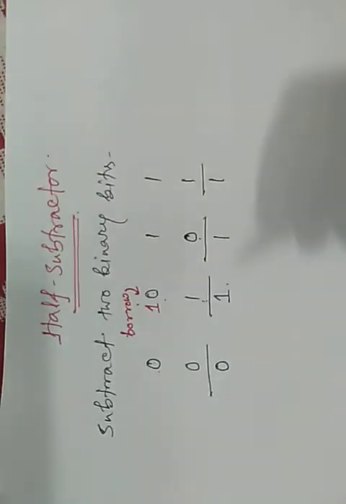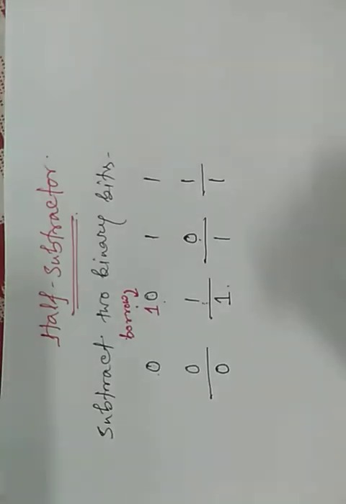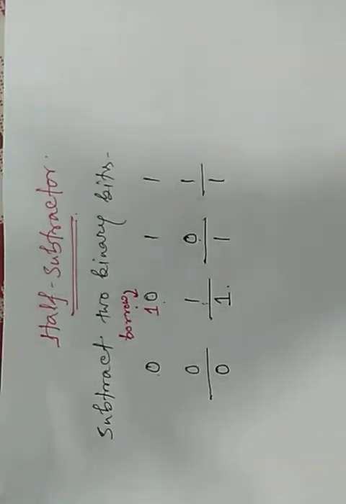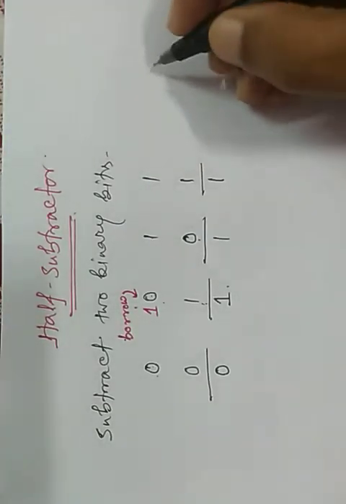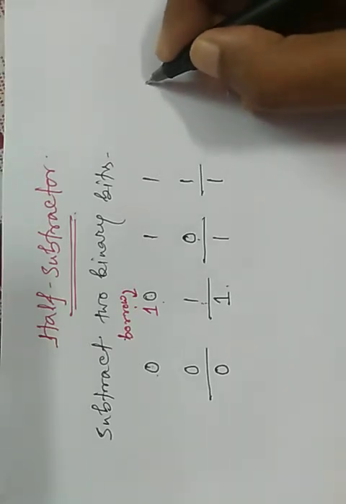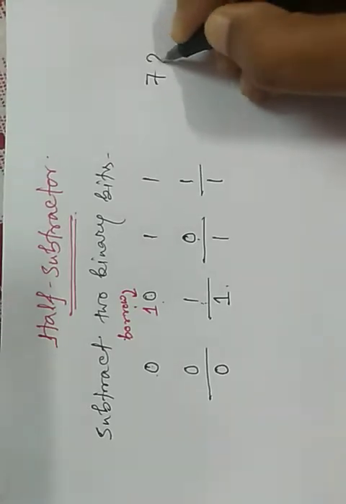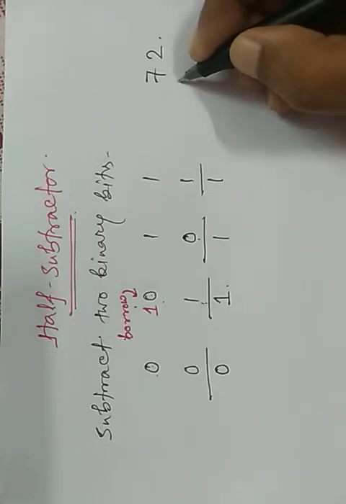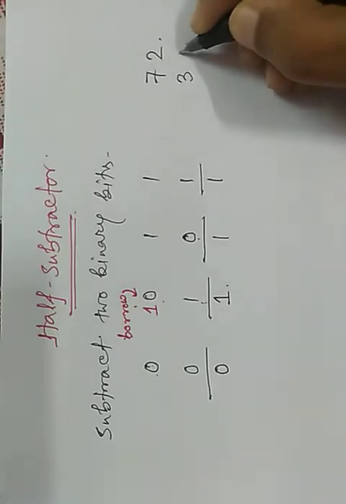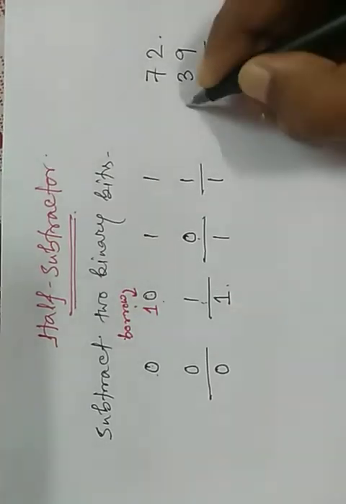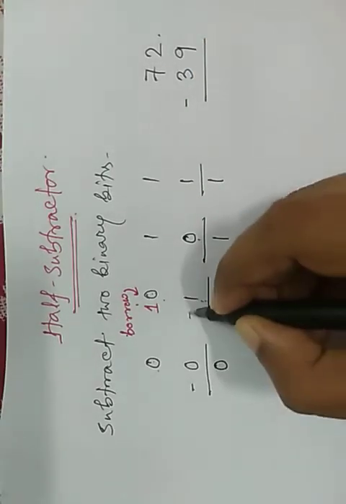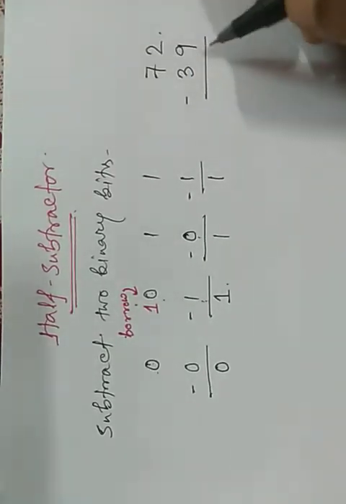Okay, so suppose I am giving here an example of a decimal number. Suppose we subtract 72 minus 39. These are all subtraction processes. Just follow it.